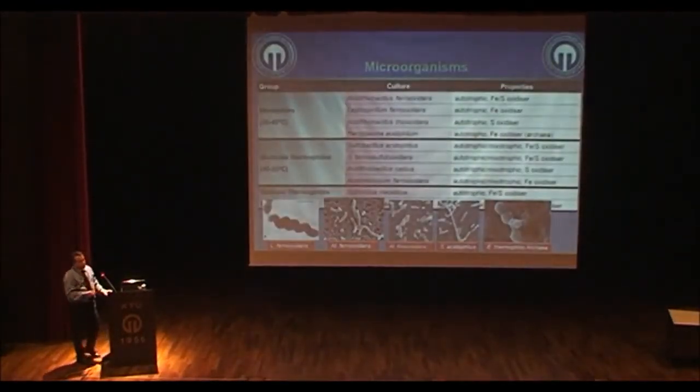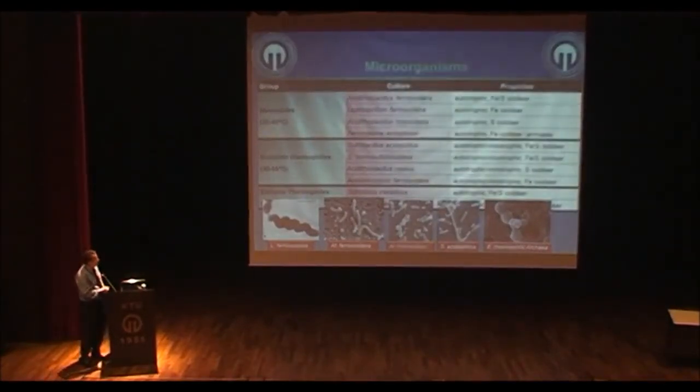There are many microorganisms involved in the oxidation of sulfides. Basically, we classify them into three groups based on their operating temperature. The mesophiles, such as Acidithiobacillus ferrooxidans, Acidithiobacillus thiooxidans, and Leptospirillum ferrooxidans, have characteristics like being able to oxidize iron or sulfur.